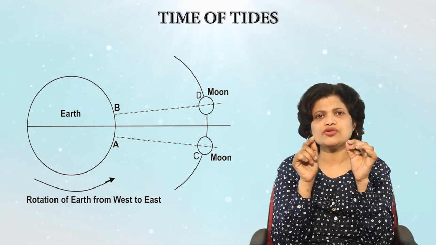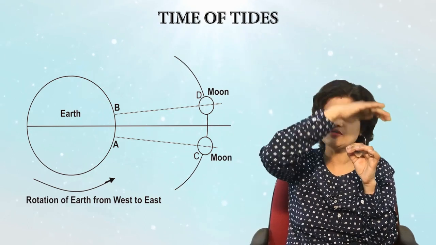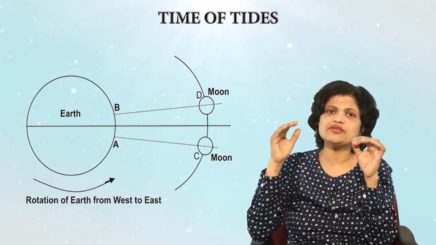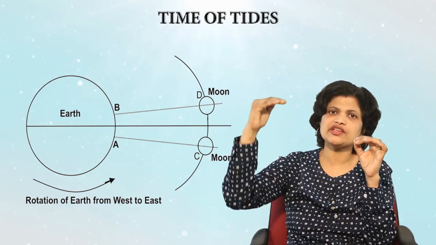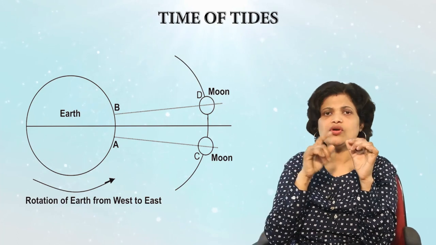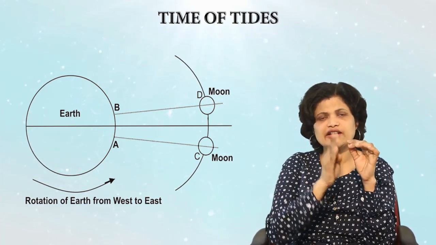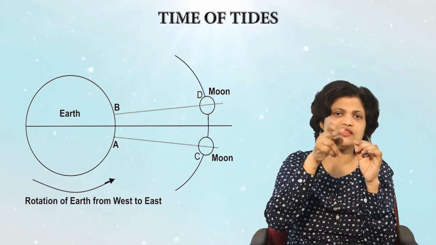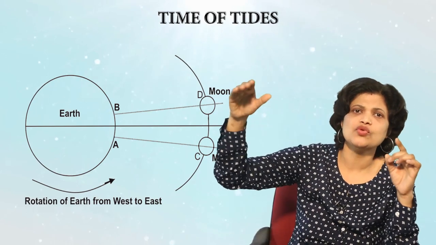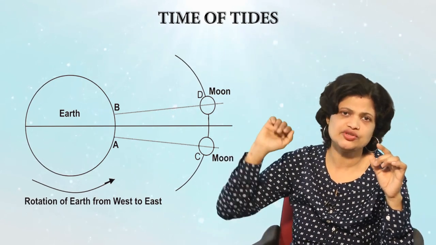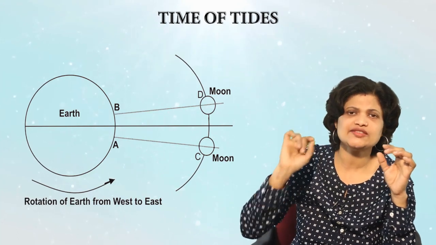But at this time, the moon is also revolving round the earth. Earlier the moon was at position C, but after 24 hours the moon is at position D. So the place A will have to travel another AB distance, as you see in the figure, to come directly under the moon, which is now at position D. This time actually takes 50 minutes.